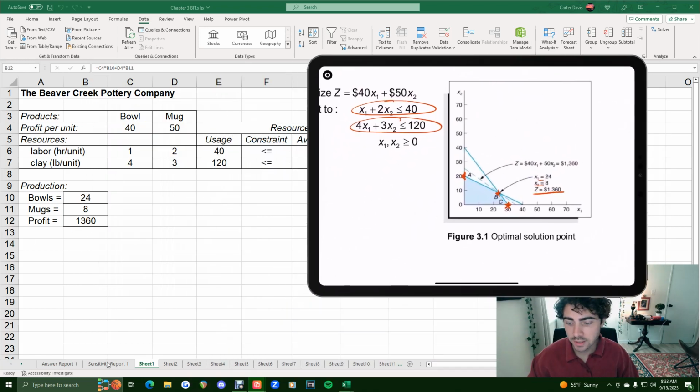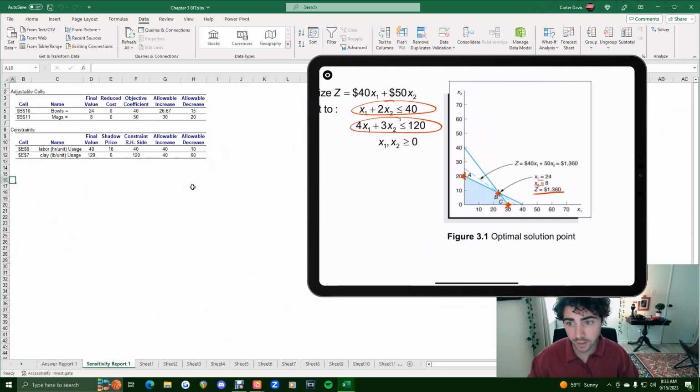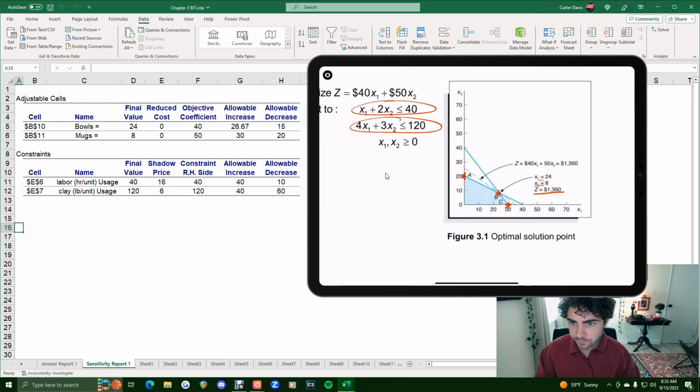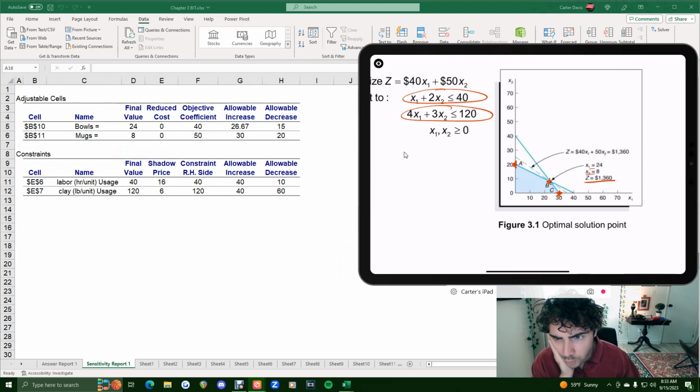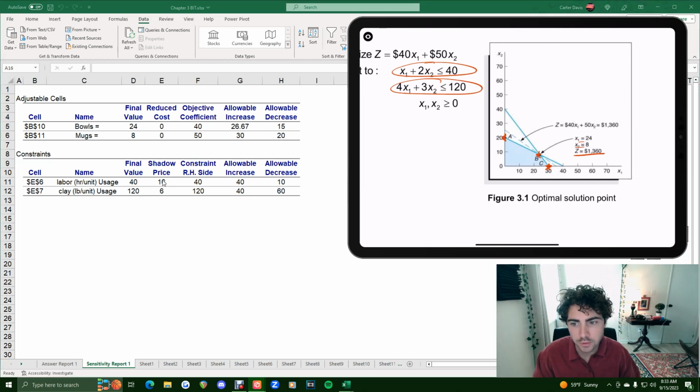Let's talk a little bit about the sensitivity report. I'm not great at this stuff. From what I've seen so far, I think the shadow price and the allowable increase are the main things they focus on. The shadow price is how much extra you can get if you increase by 1 unit.